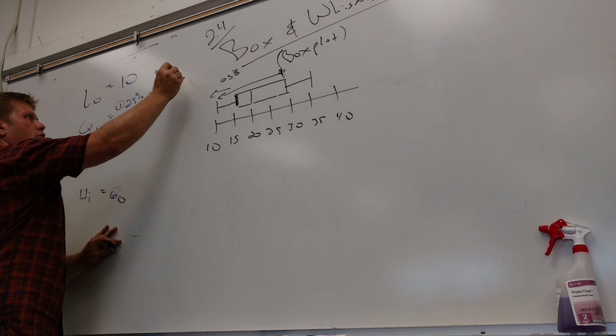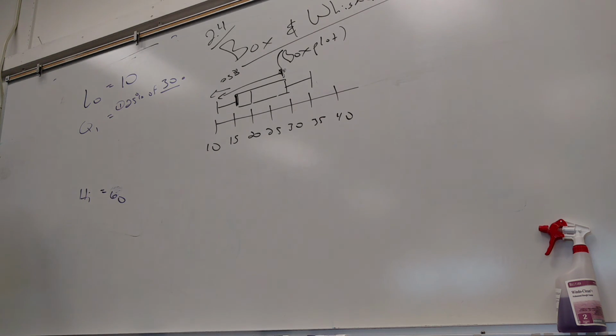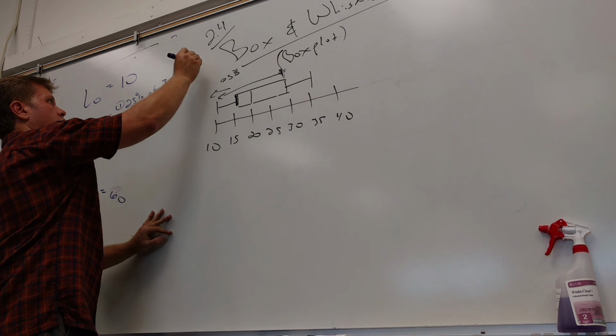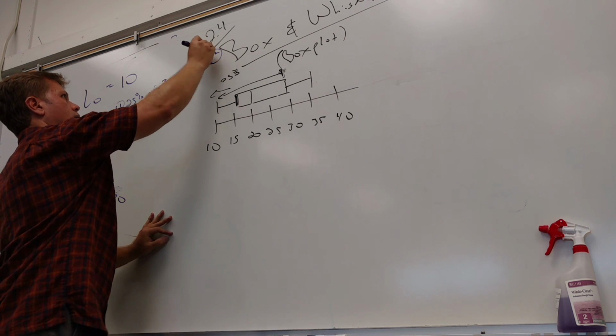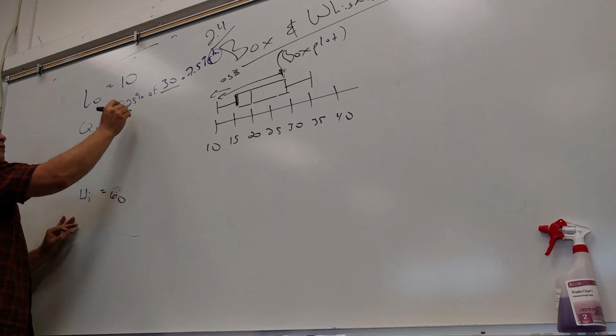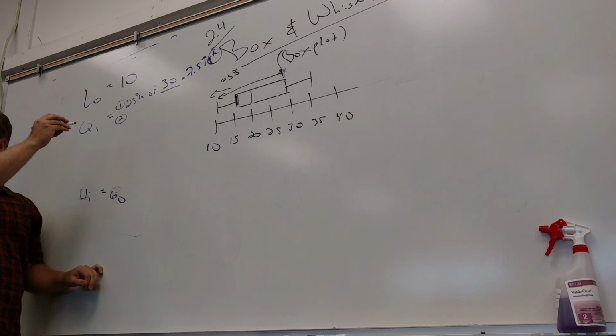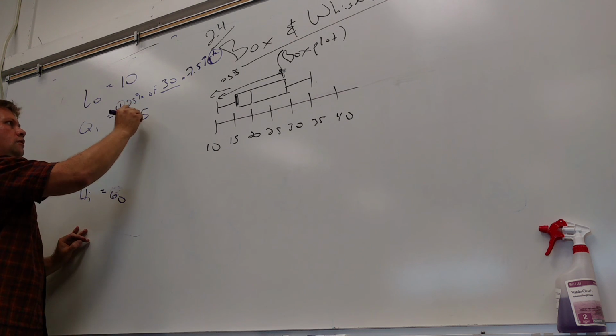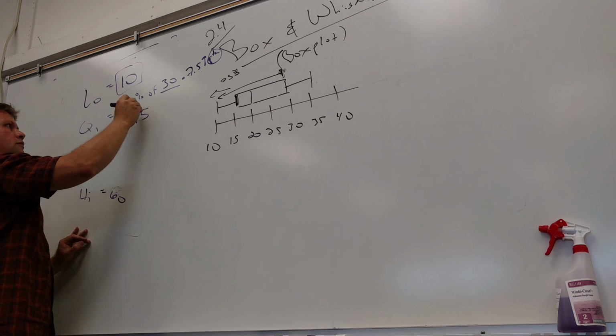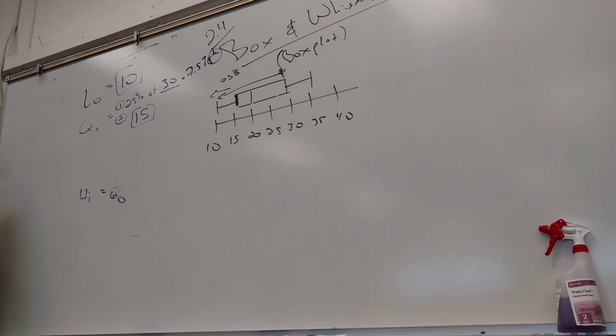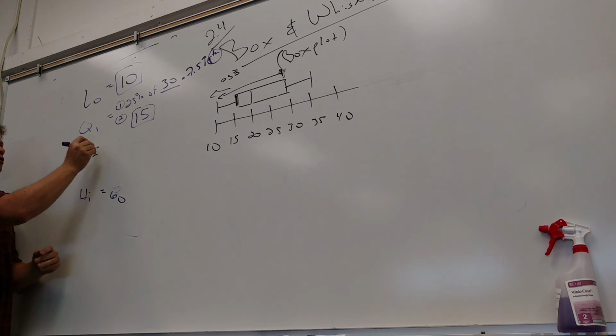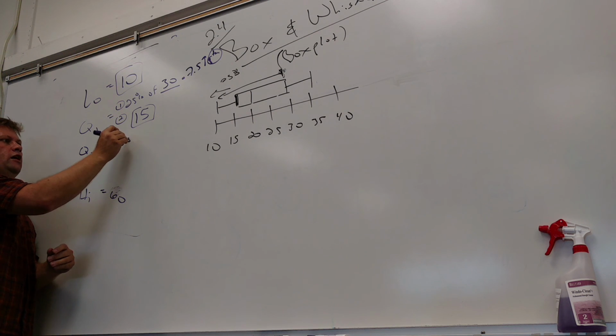What's 25% of 30? 7.5. Cool. So you round it up to 8. What's the 8th number? 15. Does that check out? Yeah. Okay. And then what's Q2? That would be half of 30.